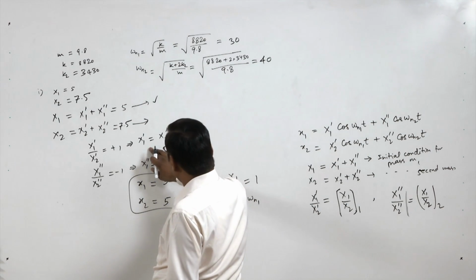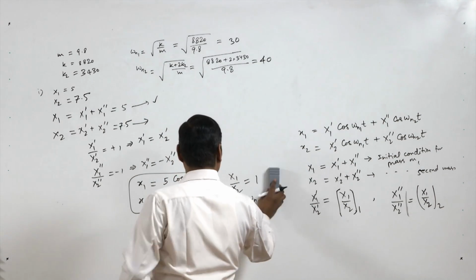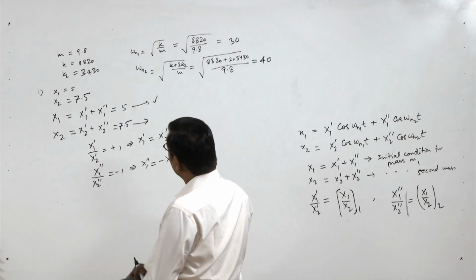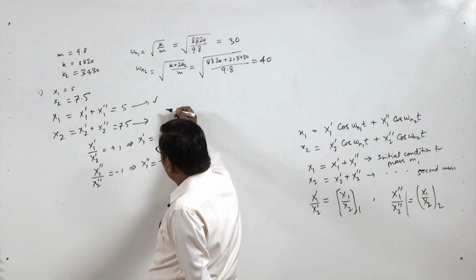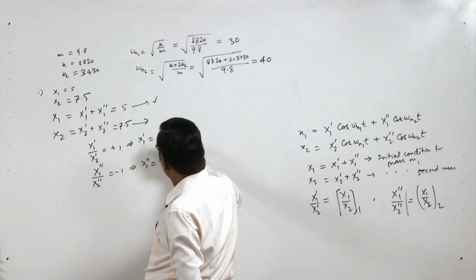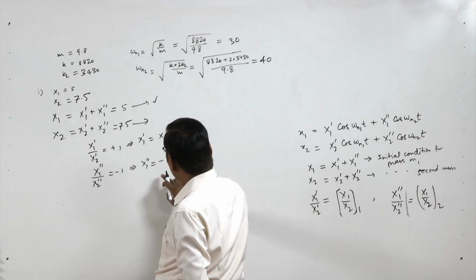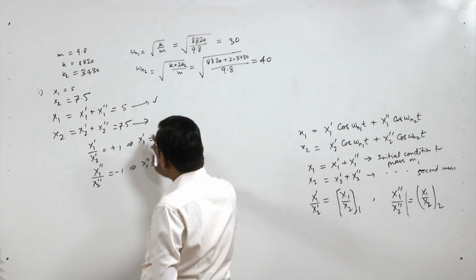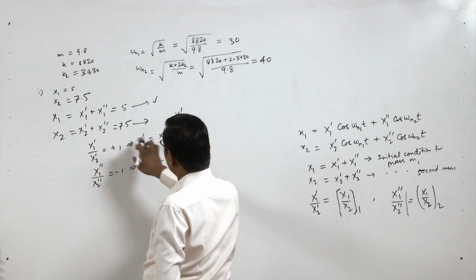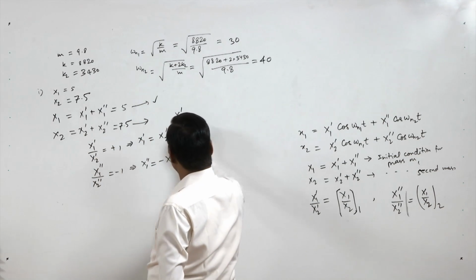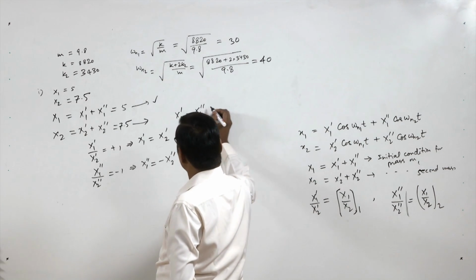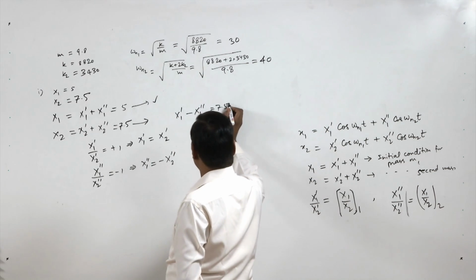Now, x2 dash is x1 dash, and x2 double dash is minus x1 double dash, and that is equal to 7.5.